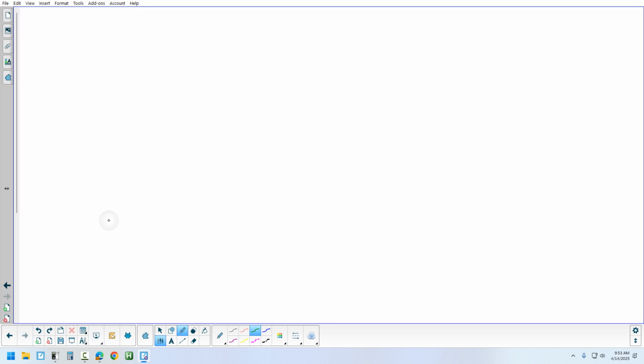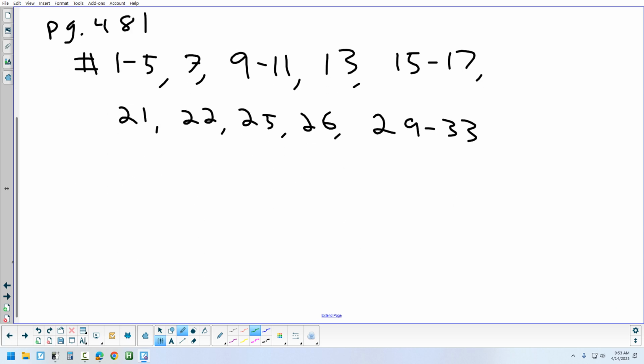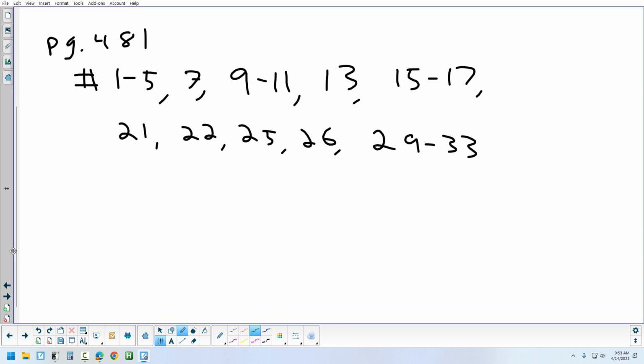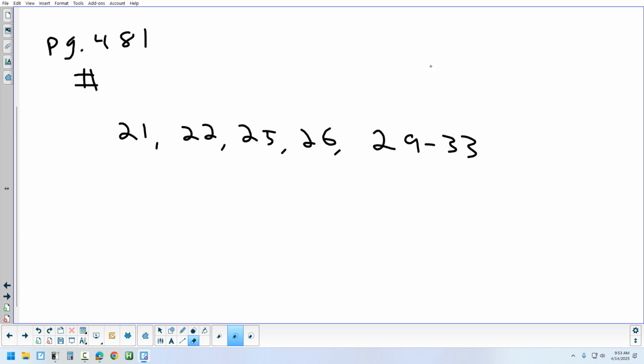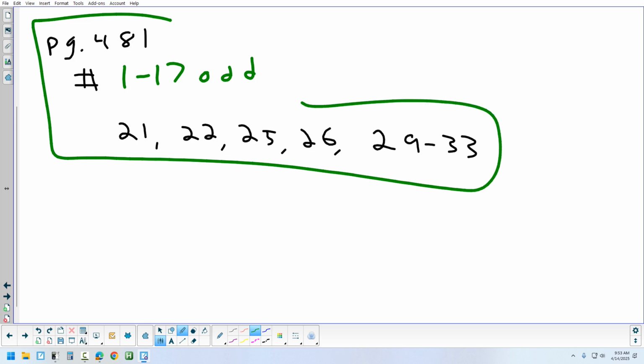So that is the homework. Some of it is just, actually I think, hold on one second. We can make that a lot simpler. Let's say it's 1 through 17 odd, and then 21, 22, 25, 26, and 29 to 33.